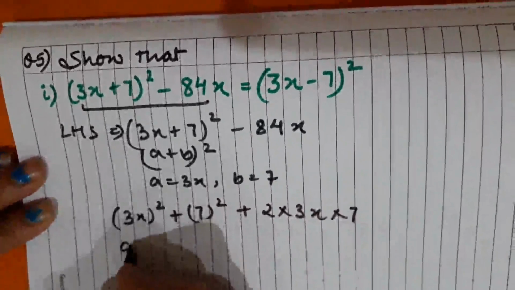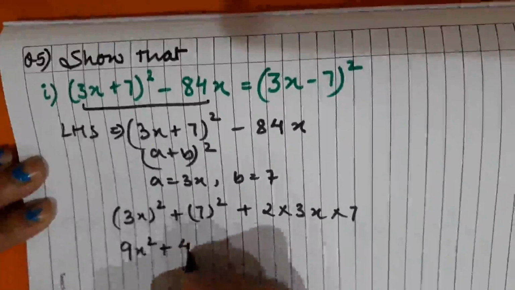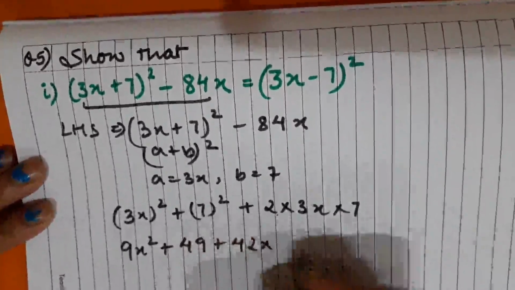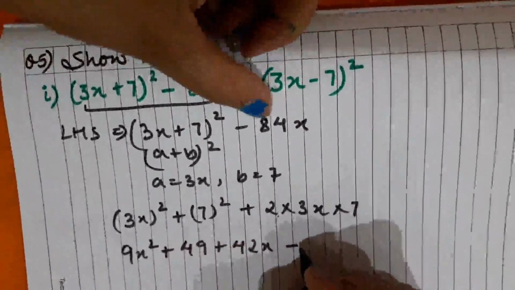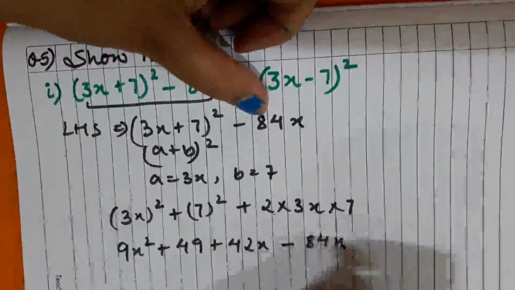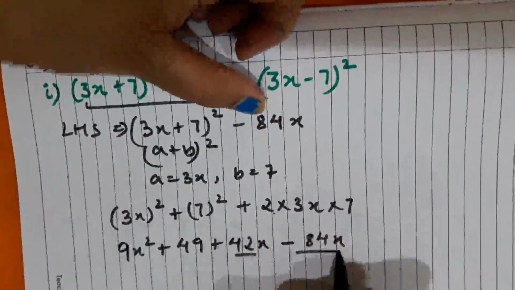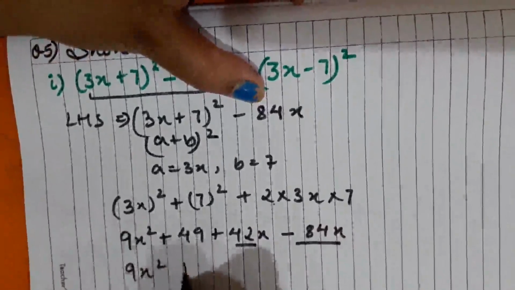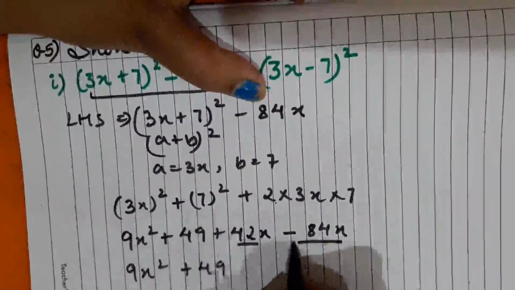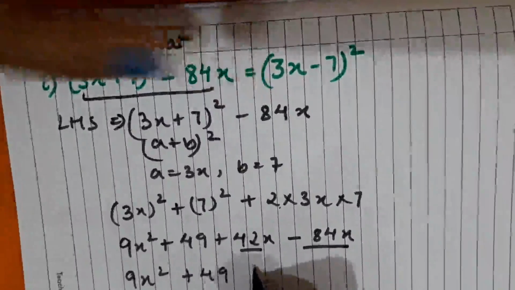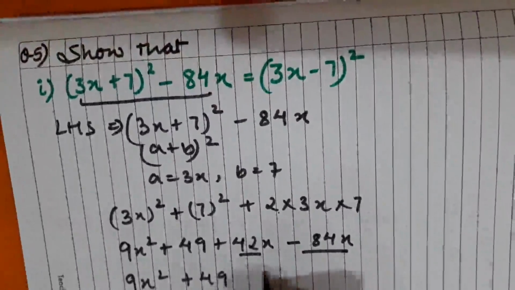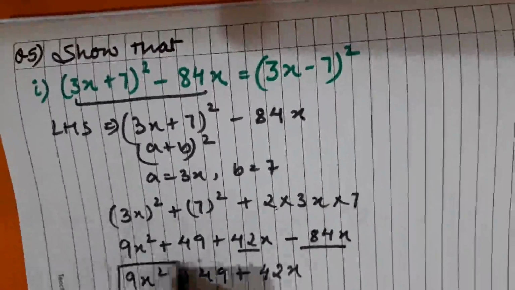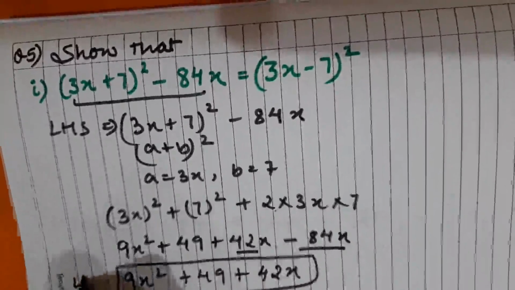So it gives you 9x square plus 49 plus 42x, minus, now I am writing this minus 84x also. So this and this we can solve because they are like terms. So 9x square plus 49, 42x minus 84x, you will get 42x.